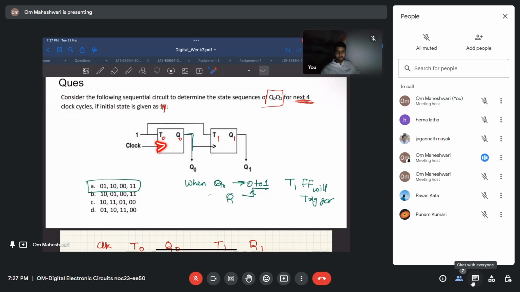There's no bubble, that means it is positive edge trigger. So whenever it goes from 0 to 1, whenever it sees this transition, it will trigger. That is the only thing that you need to take care of in this question.